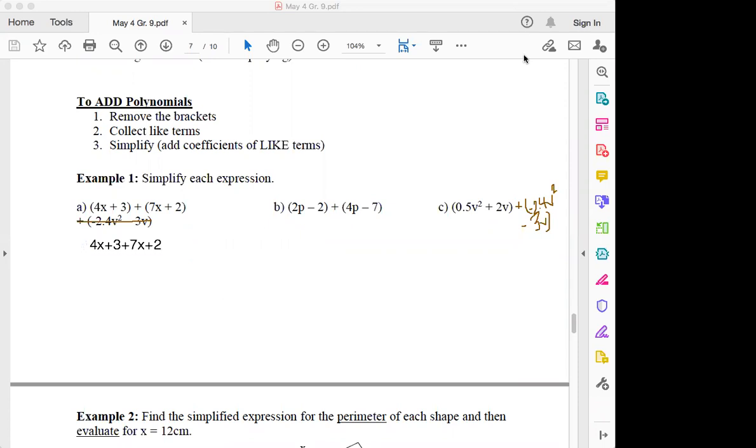And then what you're going to do, similar to what we had earlier, is put your like terms together. So I'm going to start by highlighting them for you. That way you know which one's which. So 4x and 7x are going to be put together, and then the 3 and the 2.